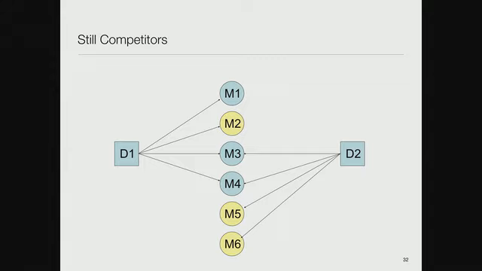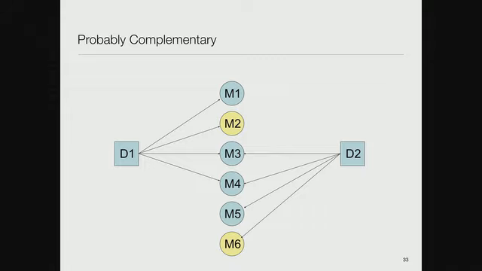What about if I add M1? Here, it's getting a little dicier. Now you're more likely to think that it's D1, but if it's D1, that could explain all the manifestations, and D2 is still viewable as a competitor. On the other hand, if I also add M6, now neither disease can explain all the manifestations.